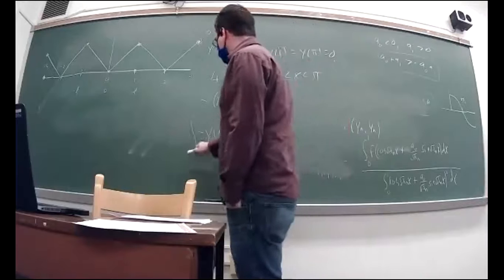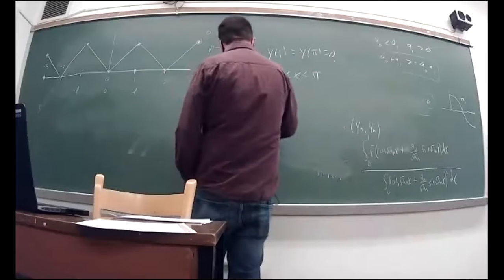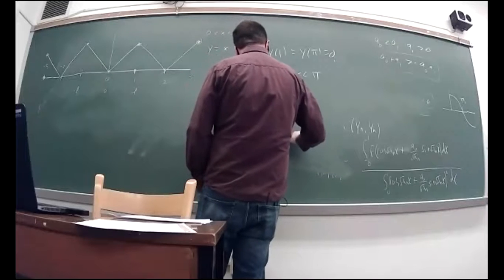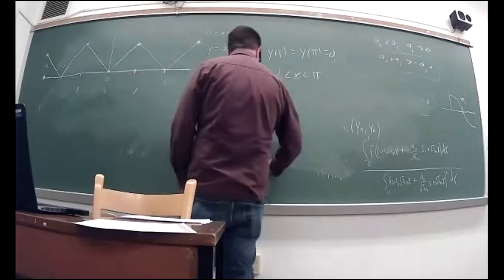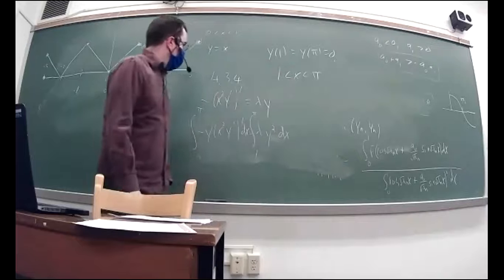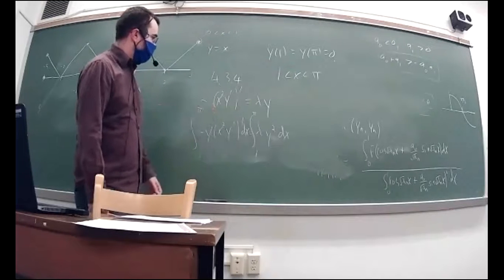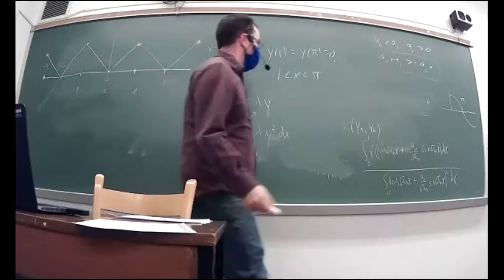And the Rayleigh quotient. You see, you do this trick of multiplication by y and integrating. You can do one integration by parts to pick up those boundary values.